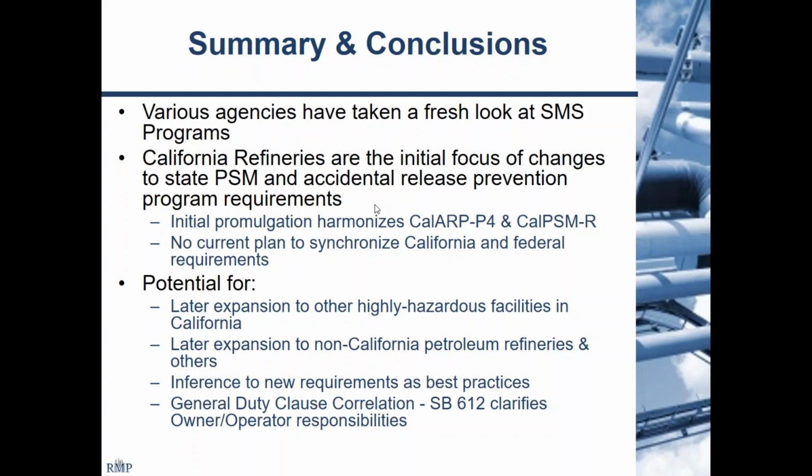And of course, there are general duty clause correlations to all these things too. So again, not something that a non-California refinery needs to worry about right now, but you need to be aware of these requirements. Keep your eyes on the changing regulatory environment, and be aware that some of these things may be considered best practice at some point.